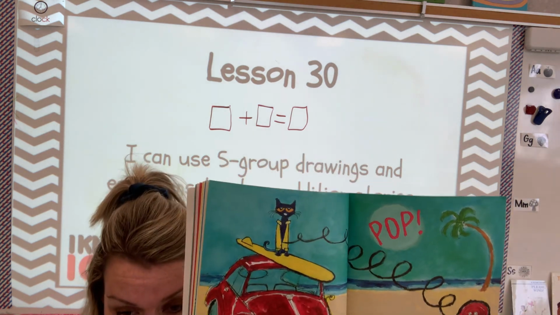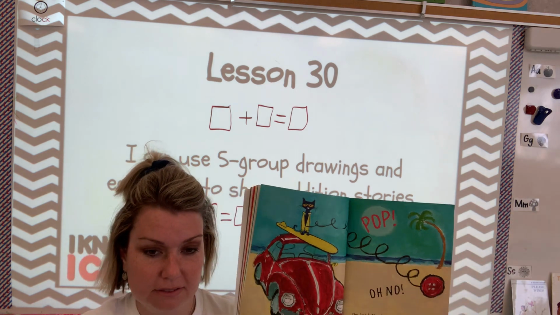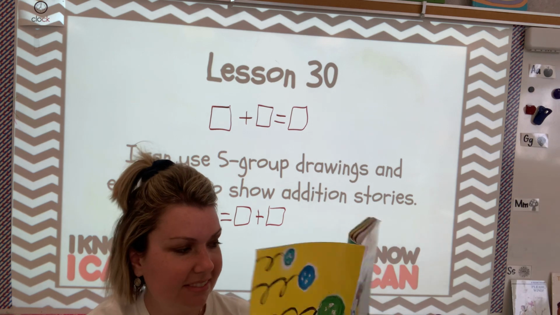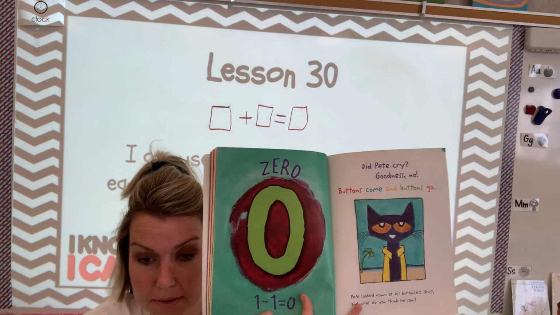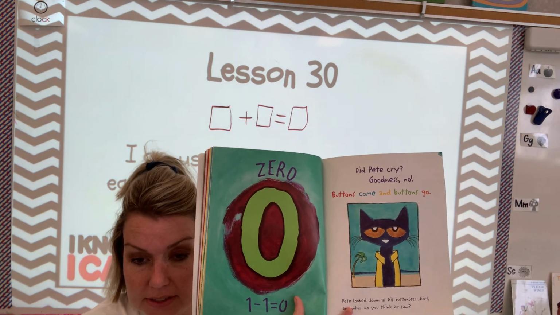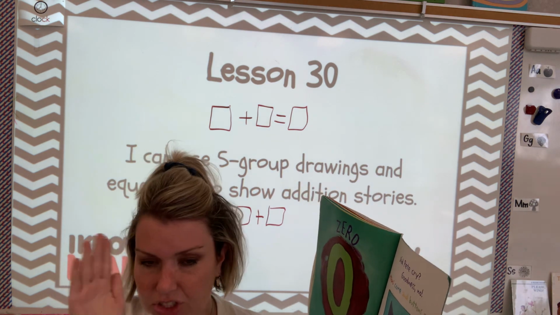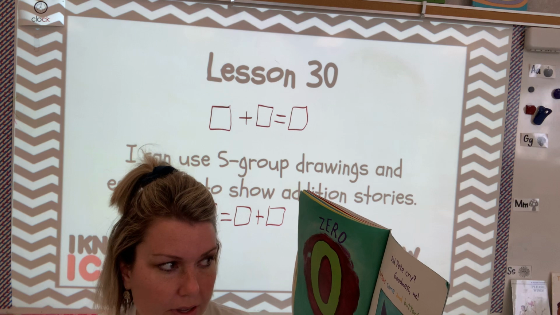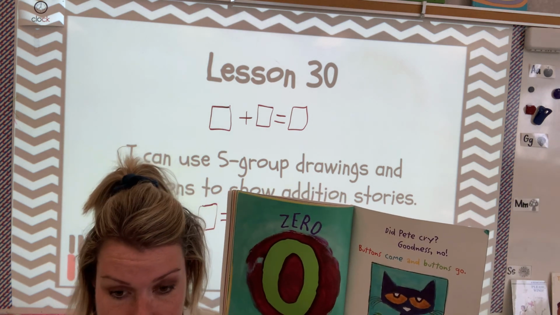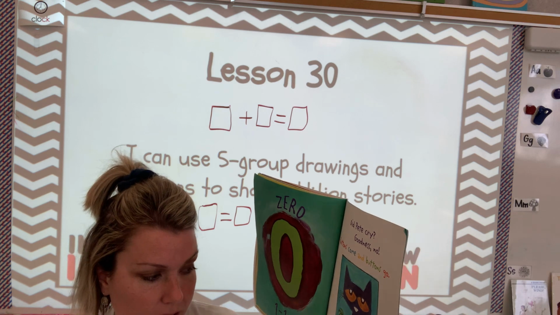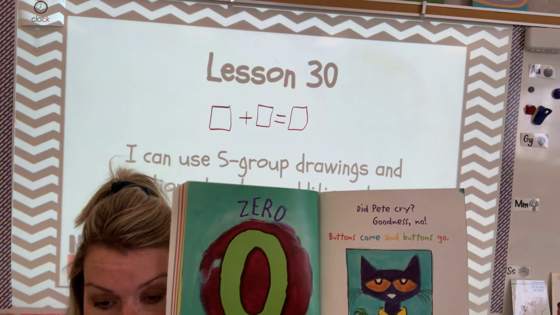How many buttons are left? 0. 1 minus 1 equals 0. Did Pete cry? Goodness, no. Buttons come and buttons go. Pete looked down at his buttonless shirt, and what do you think he saw?